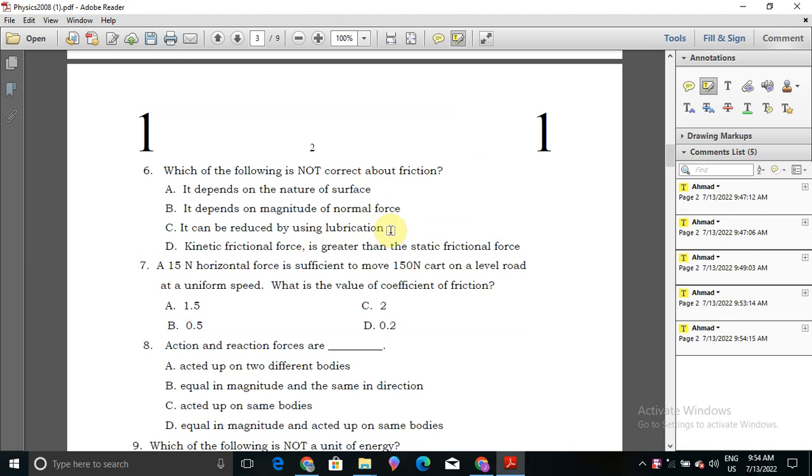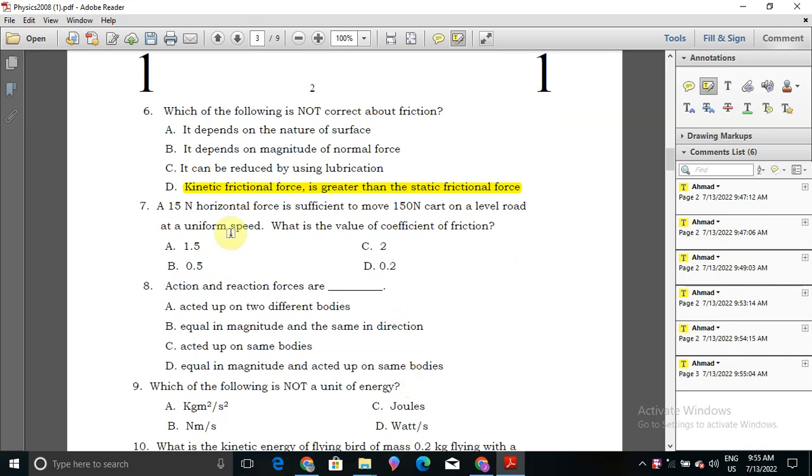Yes, it can be reduced by lubrication. Kinetic frictional force is greater than the static frictional force? No. Here it is the reverse: static frictional force is greater than kinetic frictional force. So the choice which is not correct about friction is choice D.